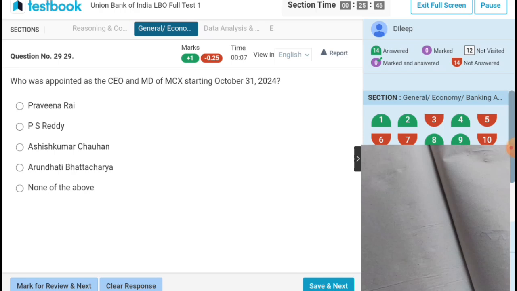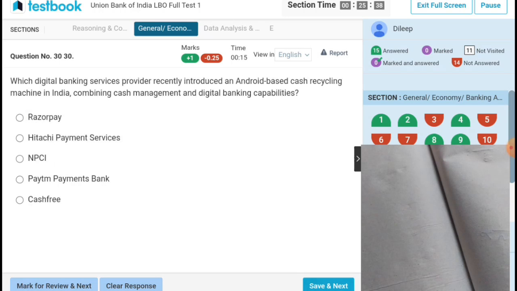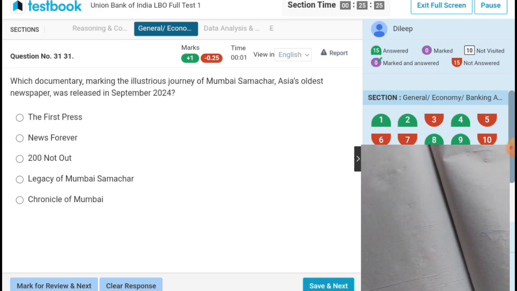Who is appointed as the CEO and MD of Multi Commodity Exchange? I think Praveena Roy. Mumbai Samachar.